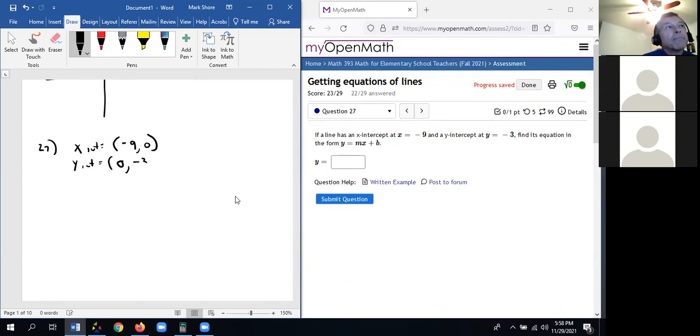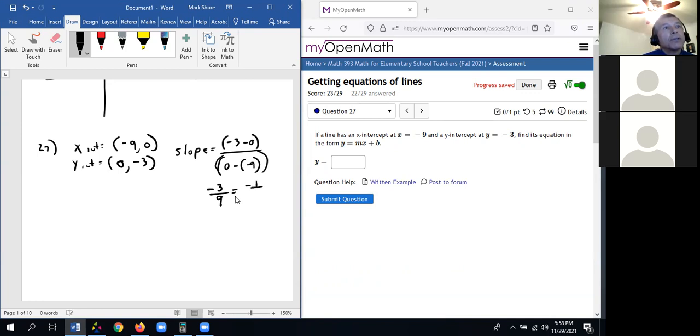0, -3. So now you just use your slope formula. So the slope, how much rise and run did it do? Well, we'll subtract off these y values, -3 minus 0, and subtract off the x values in the same order. 0 minus a -9. And if I work that out here, -3 minus 0 is -3. Minus a -9 is 9.